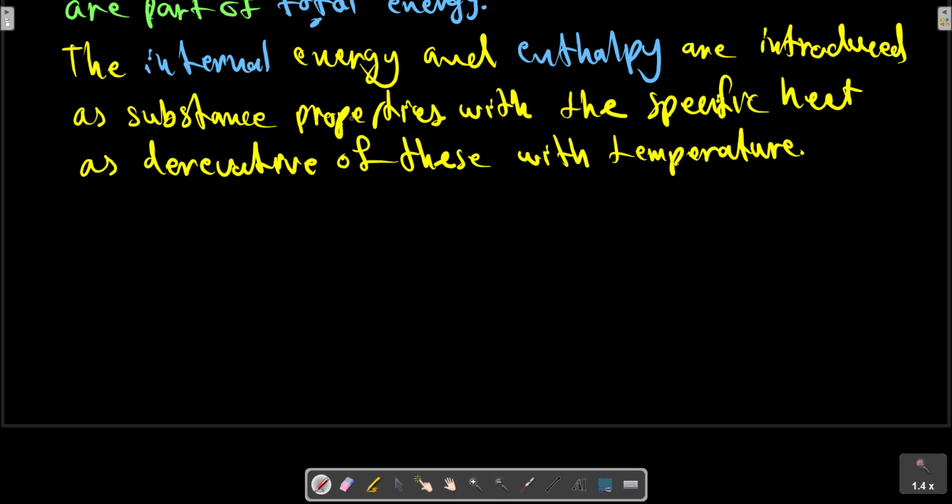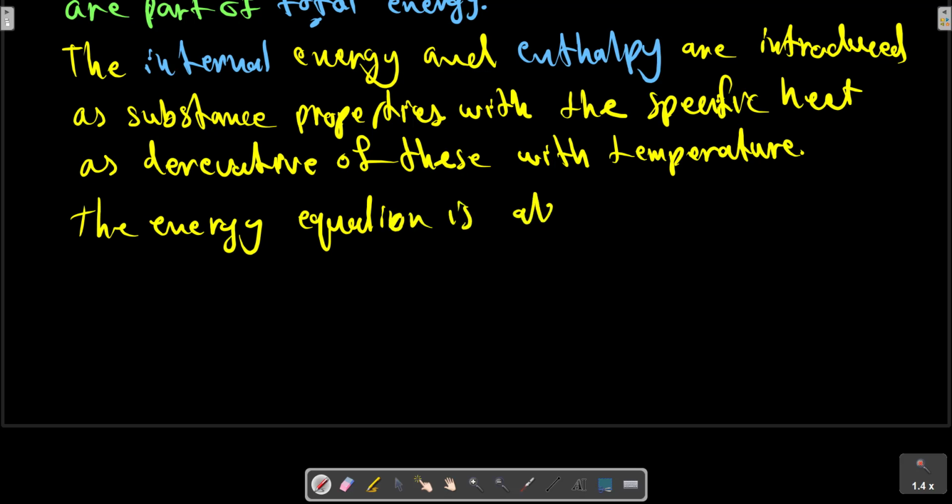The energy equation is also shown in rate form.